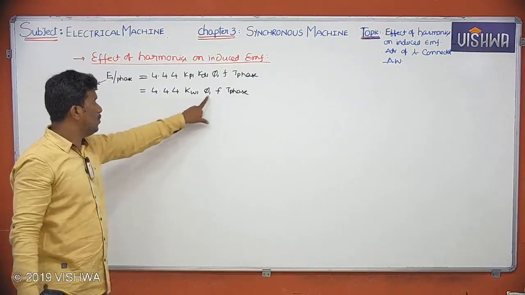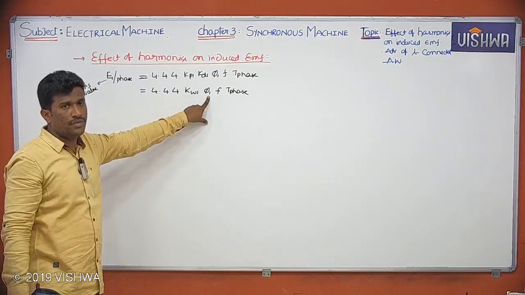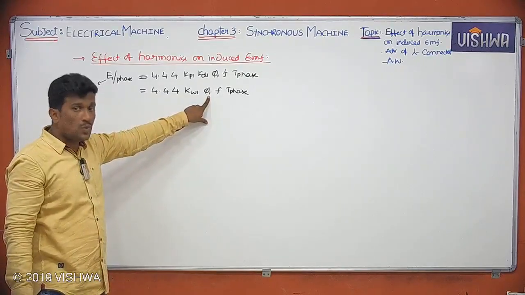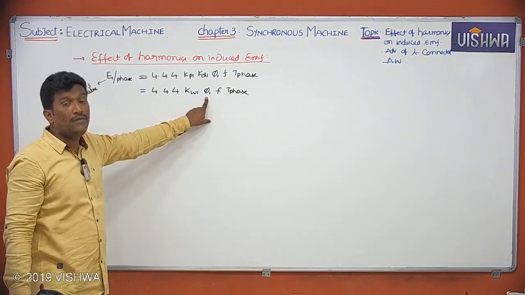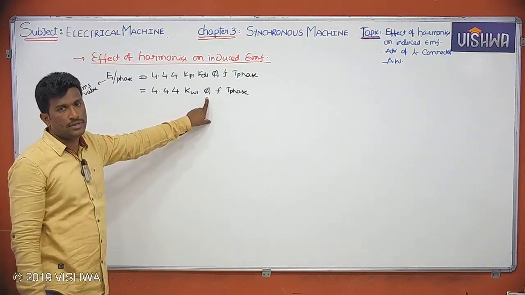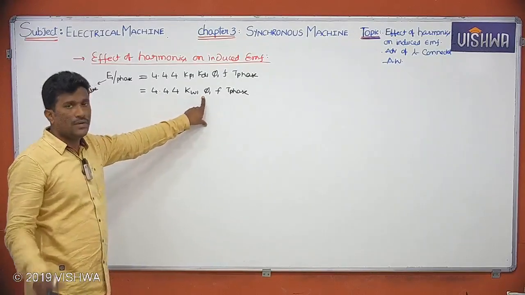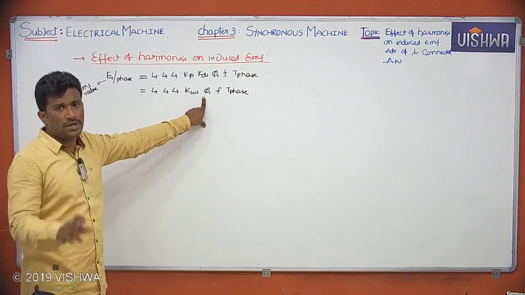And the flux used in the RMS value of the EMF equation of an alternator is phi1, the average value of flux per pole. This I already gave in the EMF equation of an alternator.